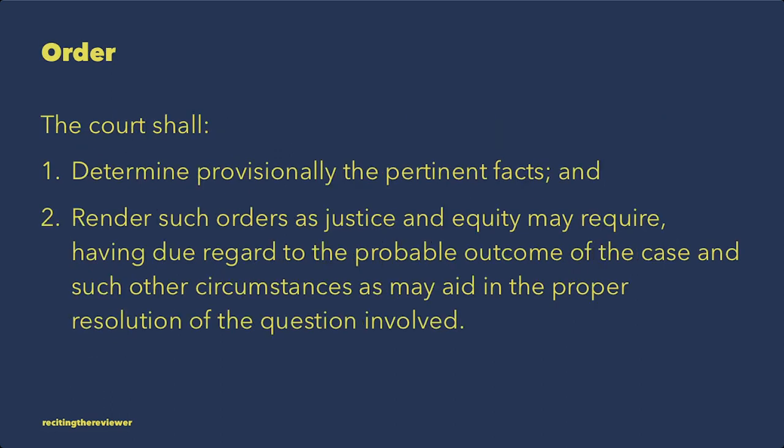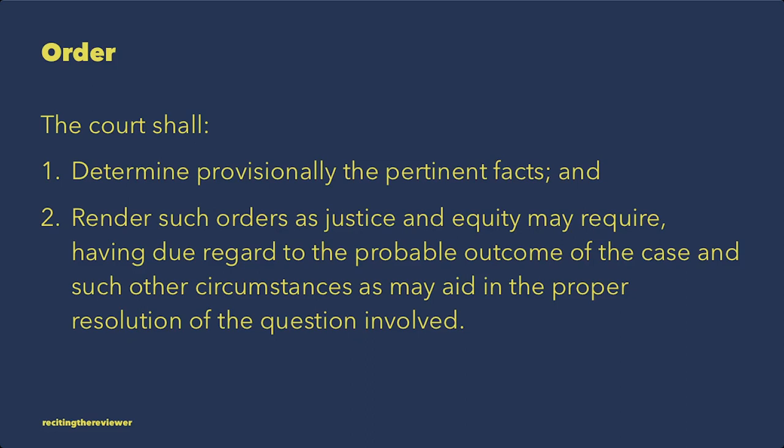So the order, we have discussed this already, that the court shall determine provisionally the pertinent facts and render such orders as justice and equity may require, having due regard to the probable outcome of the case.